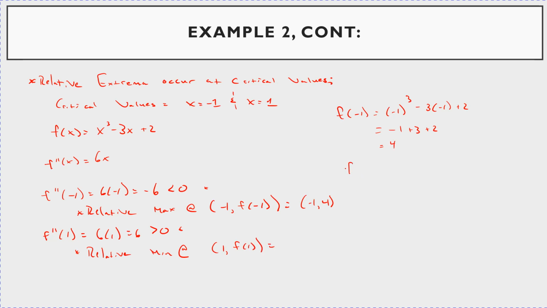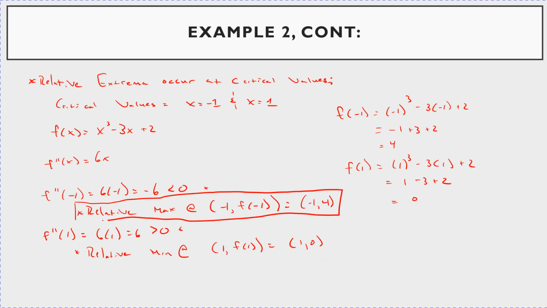So if you plug 1 in here, you're going to get 1 cubed minus 3 times 1 plus 2. So you get 1 minus 3 plus 2. You get 0. So you know what we found? We found an x-intercept. That's great. That's amazing. We found one of the intercepts. One of the intercepts turned out to actually be a relative min.